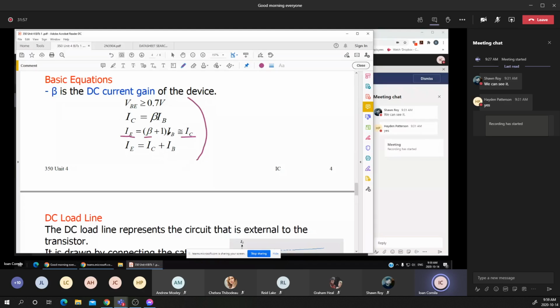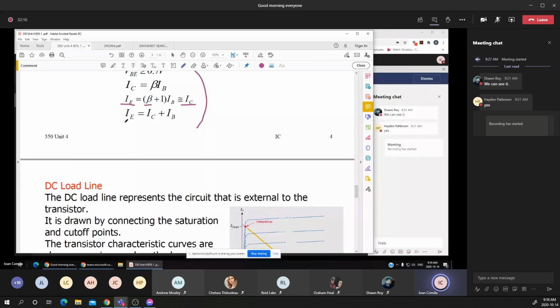If a quantity is at least 10 times less than the other quantity, that quantity can be neglected. It means that IB is at least 10 times less than IC, so we can neglect the beta plus 1 or the IB from this equation. I put that in writing: the KCL for a transistor, the emitter current is the sum of the two currents.